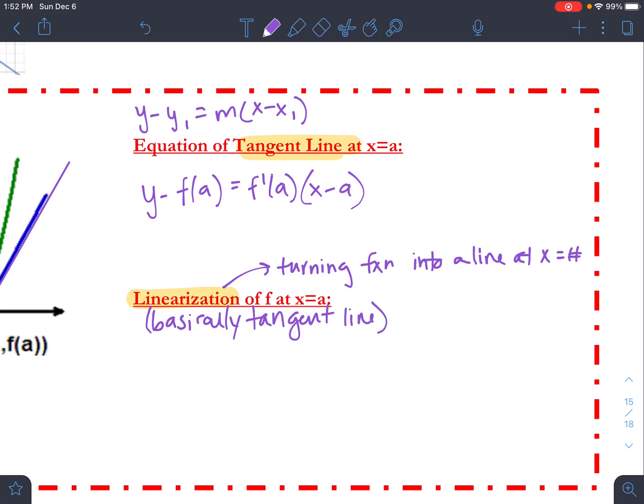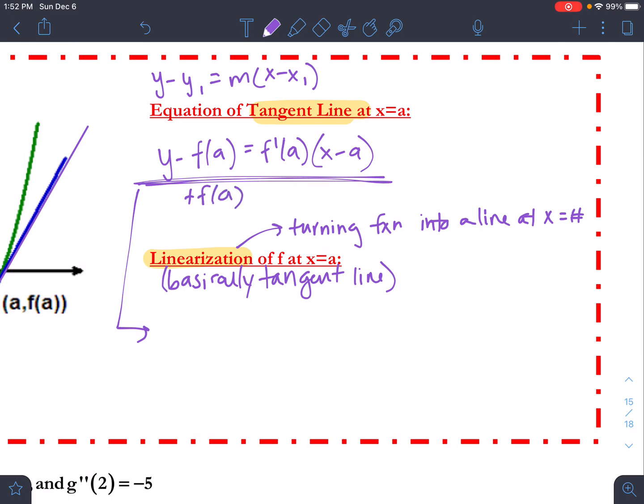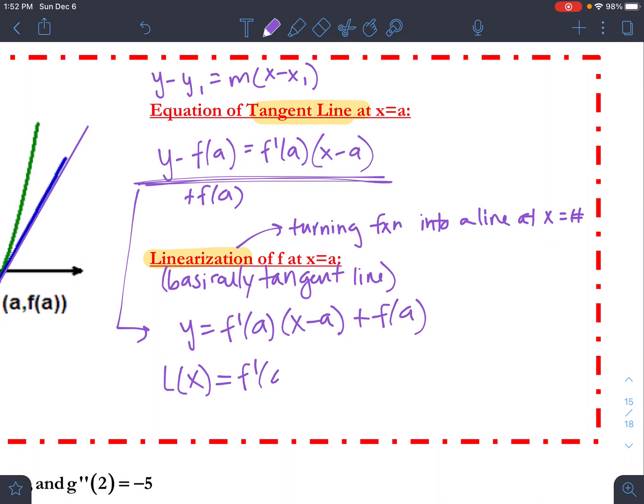The only difference here: if you took this equation and brought it down here, let's say you added f of a to both sides. Now it would say y equals f prime of a times x minus a plus f of a, like you're just solving for y. You replace y with L of x. This is the linearization, L of x equals f prime of a times x minus a plus f of a.